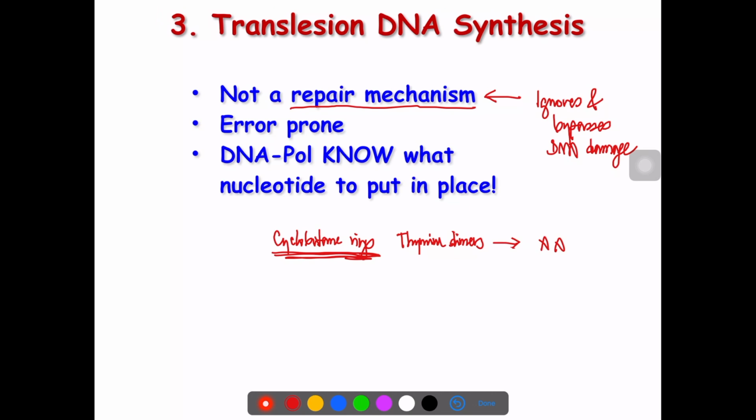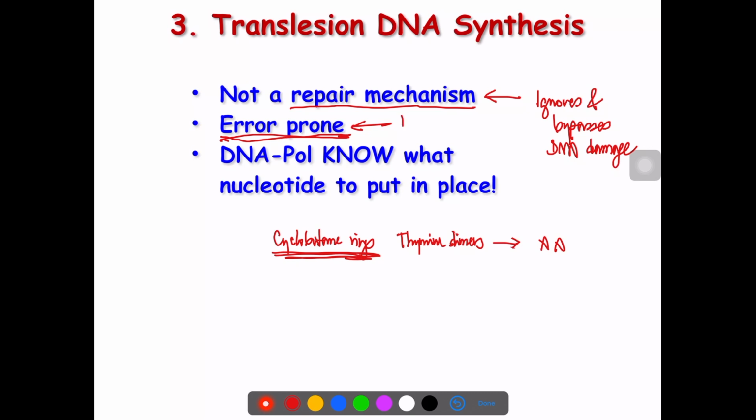Now, these enzymes, these DNA polymerases that have the ability to bypass those thymine dimers, are nevertheless error prone, which means that even though they know what to put in the nascent strand, even though there is a thymine dimer in the template, they make a lot of errors in their normal activity.